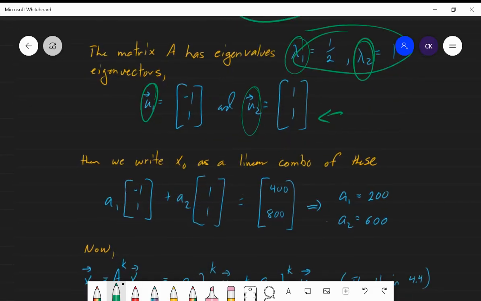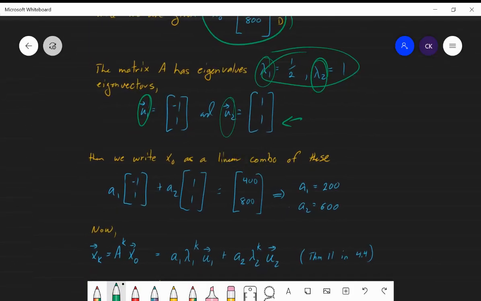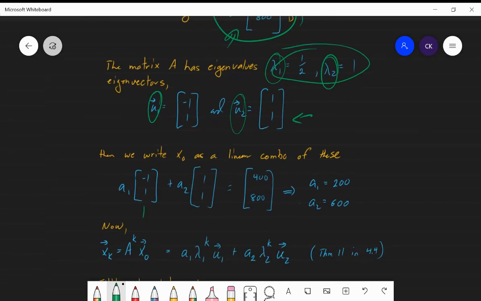From there, we need to come up with the appropriate linear combination of coefficients that produces the initial value. So you see we've got our x0 as 400 and 800 up here. And we've set up our eigenvectors, and we're looking for these coefficients, A1 and A2, that will generate the x0 output.